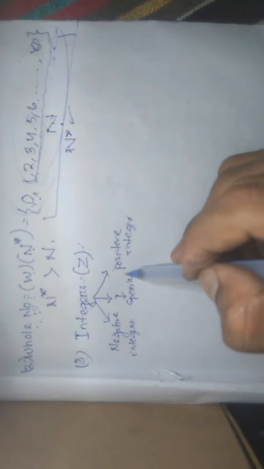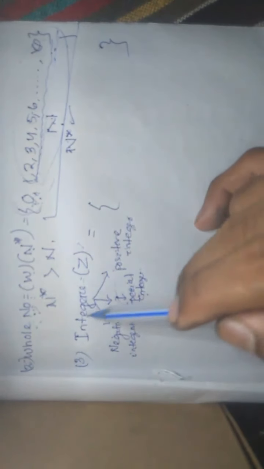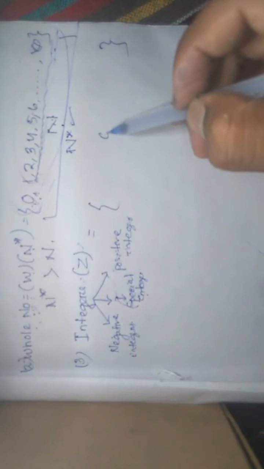Clear? And the middle part is known as the special integer. So can we say the integers start from which number and end at which number, since they contain three types of integers? The middle part is the special integer, and I have told you the special integer is 0. That means the integers contain 0 at the middle.